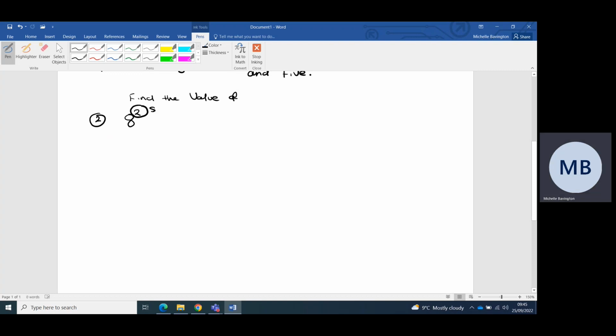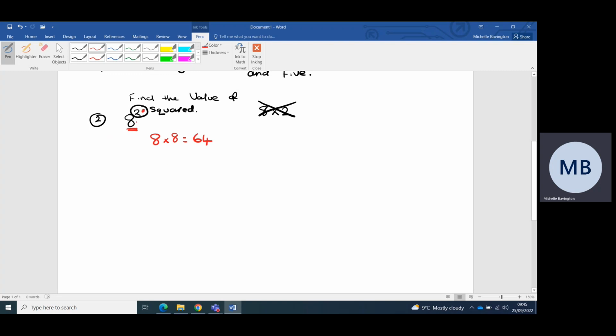That means squared. Now, squared does not mean 8 times 2. No way. What it is is the number you see twice, which equals 64.